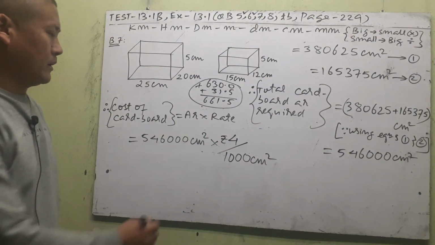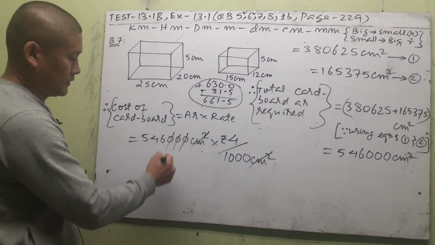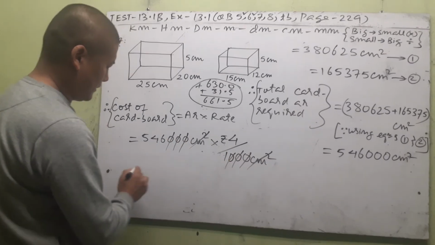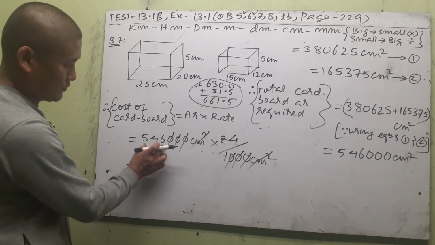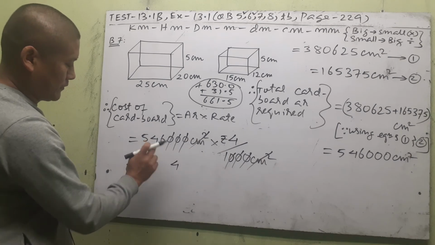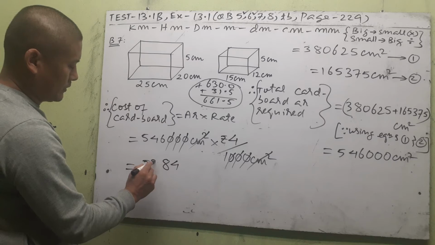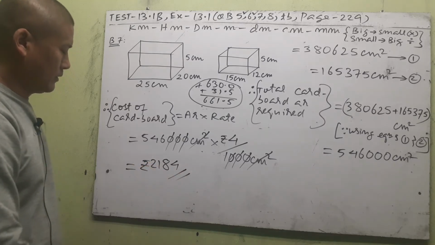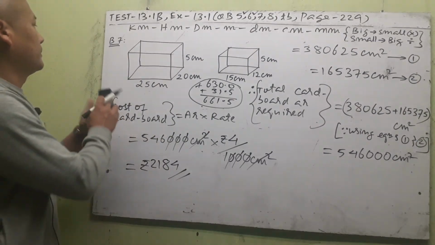That's the meaning. This centimeter square and centimeter square cancels. 1 2 3 cancels, 1 2 3 cancels. So we're left with rupees, and this 4 will multiply this portion. 4 6s are 24, 4 4s are 16, 17, 18, 4 5s are 20, 21. Rupees 2,184.